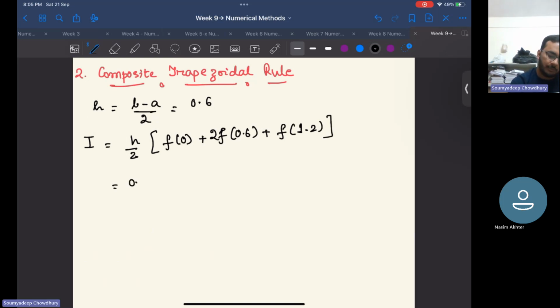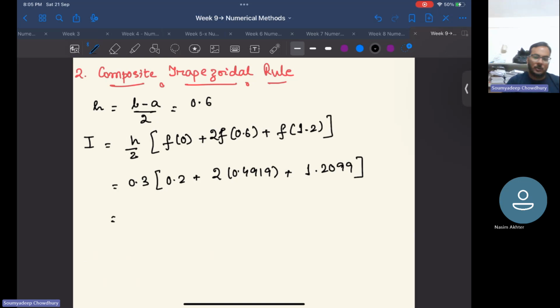So it is basically 0.3 into f of 0, which is 0.2, plus 2 into f of 0.6, which is 0.4919, plus f of 1, which is 1.2099.